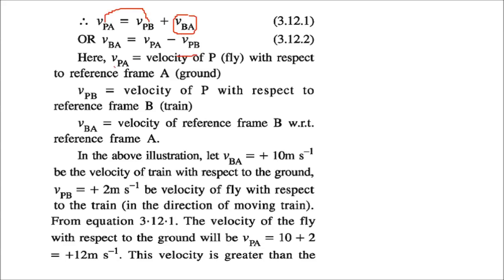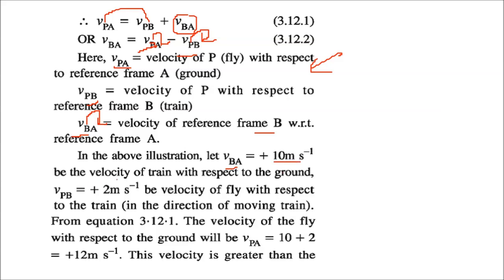So what is VPA here? Velocity of P, meaning the fly, with respect to the reference frame ground. And what is VPB? The velocity of P with respect to the reference frame, which is the train. And what is VBA? The velocity of reference frame B with respect to the reference frame A. So in this example, let us take VBA as, say, plus 10 meter per second.